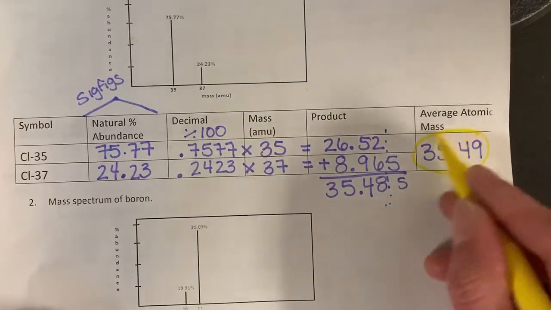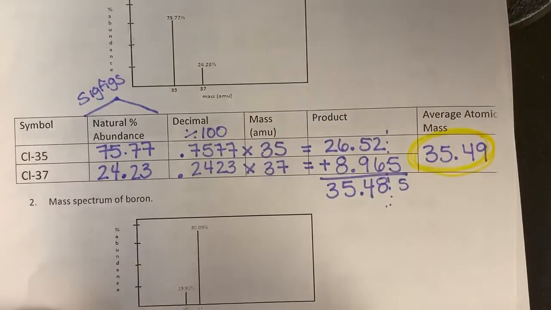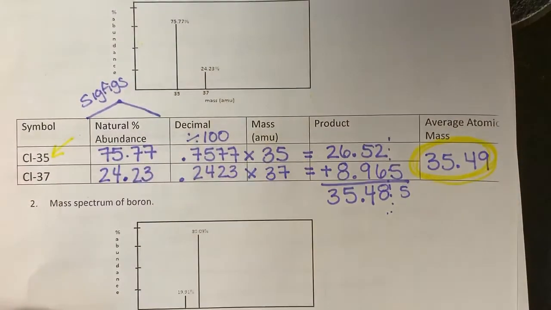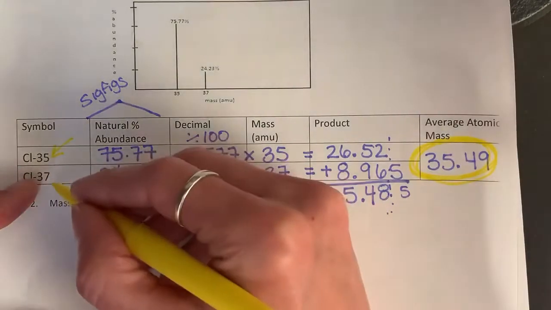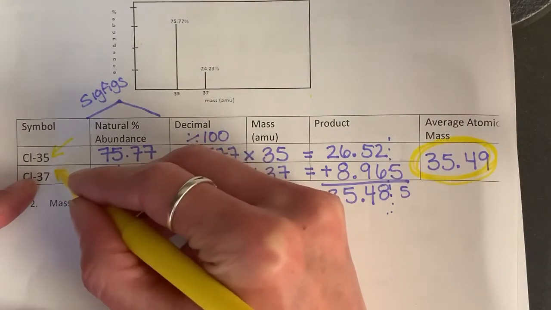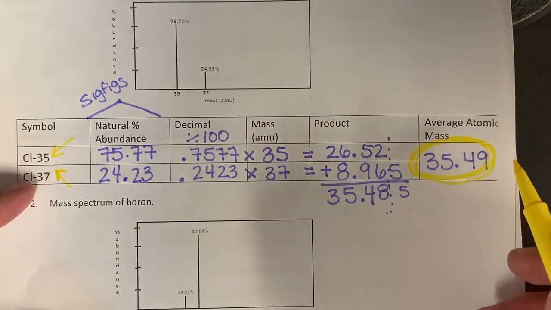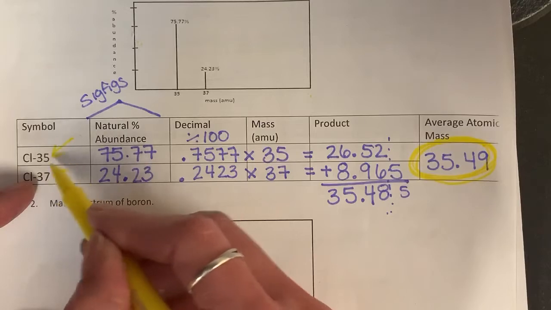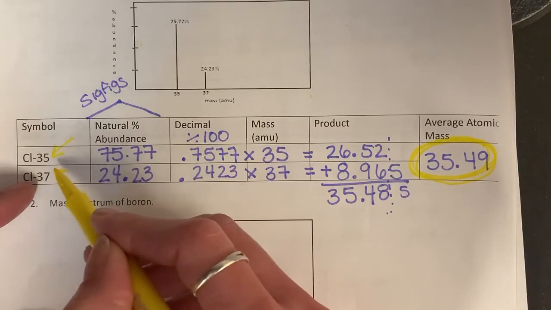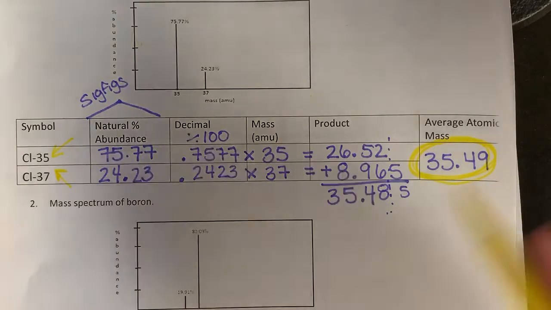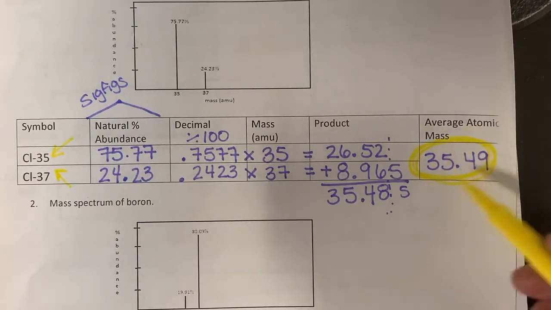Whatever answer I get here has to be bigger than my smallest isotope. It has to be smaller than my largest isotope. So 35.49 has to come in between those two numbers. If it doesn't make sense, I did my math wrong somewhere. Okay? So always check and see if it makes sense.